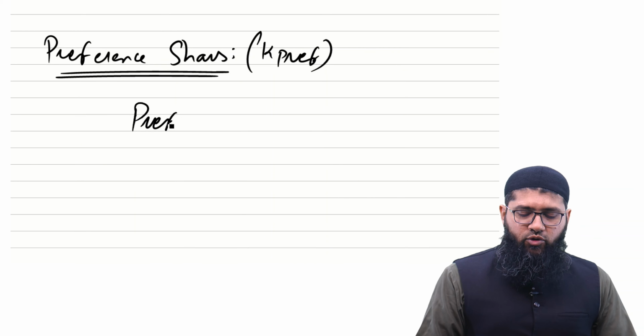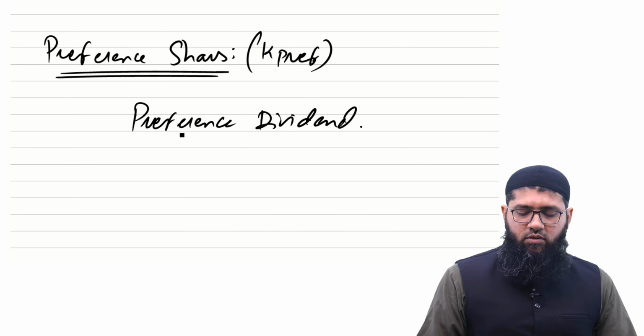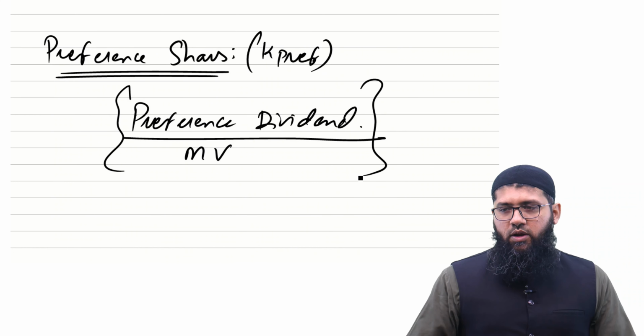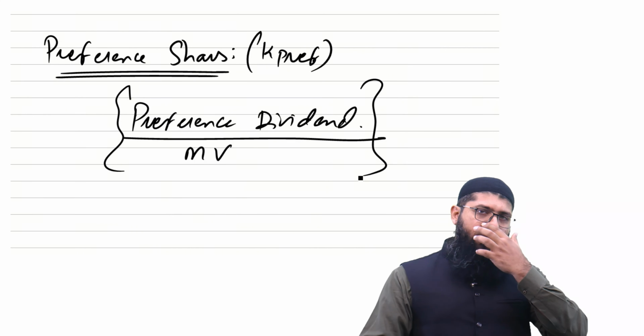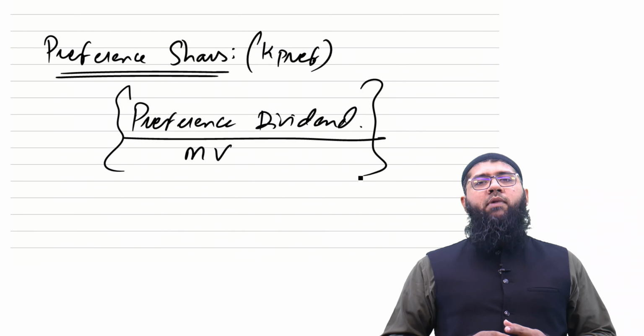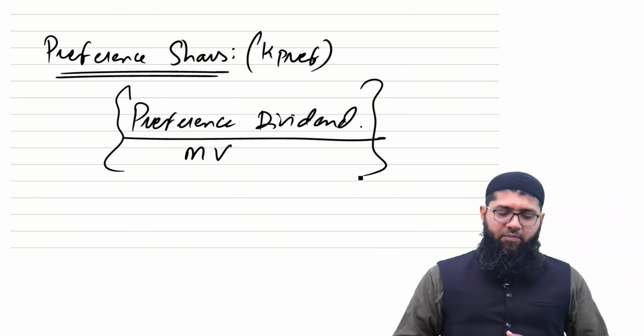All that you have to do is take the preference dividend divided by market value. I repeat, it has to be the preference dividend divided by market value. That's how you establish it.